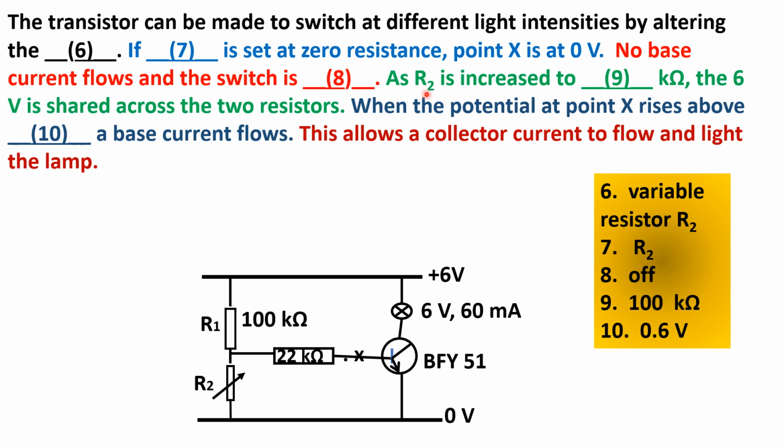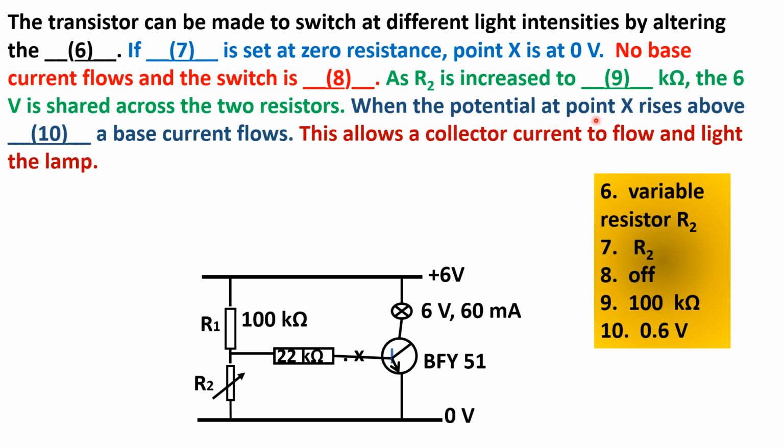As R2 is increased to blank kilo ohms, entry number 9, that should be 100 kilo ohms, for the two resistors R1 and R2 to be sharing the voltage of 6 volts equally, R2 should be increased to the same resistance as R1, that is 100 kilo ohms.